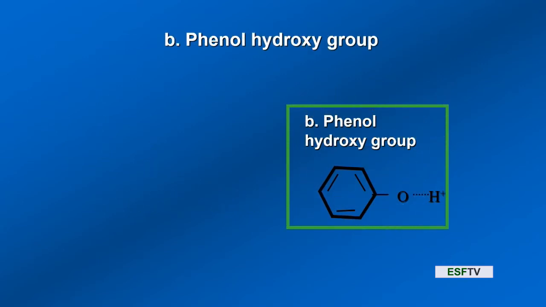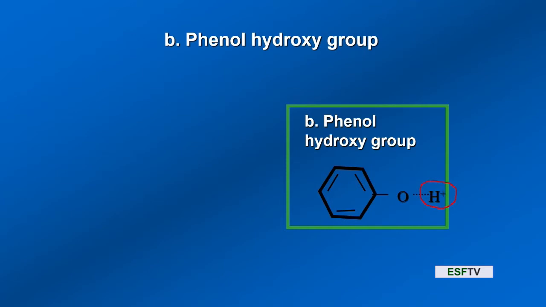And the second, the phenol hydroxy group. So phenol is this 6-carbon ring with double bonds. Every other bond's a double bond, and they resonate. And the same kind of thing. This resonance of these double bonds allows some movement of this hydrogen to dissociate.